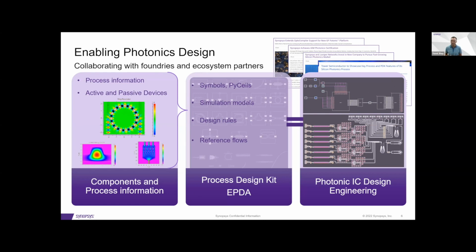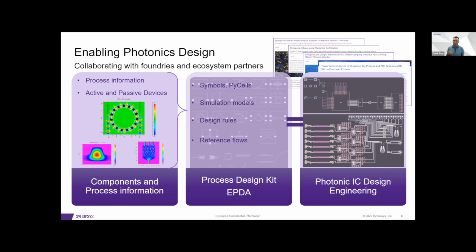You could see some of those press releases we did lately on enabling photonics platforms across different foundries. And what the PDK, the process design kit, is providing is an array of photonics components, and in some other cases, mixed signal and analog and photonics components, with simulation models, with the design rules, with the LVS or physical verification capabilities.